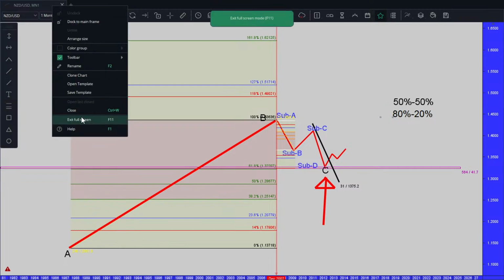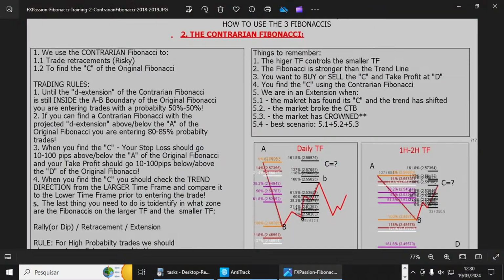Boss, I don't know. Well, fair enough. Let's reread. We are using the contrarian Fibonacci to trade retracements, which is risky, and to find the capital C of the original Fibonacci, which we did, right? Trading rules. Until the sub-D extension of the contrarian Fibonacci is still inside the AB boundary of the original Fibonacci, you are entering trades with a probability 50-50.